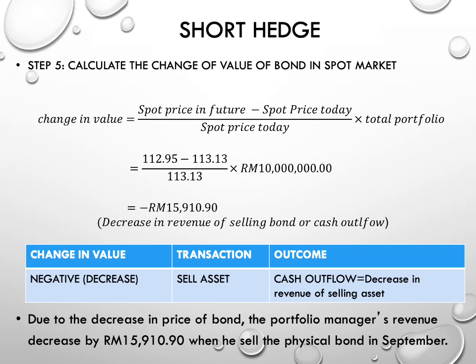And then your transaction in spot market, you sell asset. That means change in value here is decrease in revenue of selling asset. So it is a cash outflow. Due to the decrease in price of bond, the portfolio manager revenue decreased by 15,910 ringgit and 90 cents. So this is cash outflow.